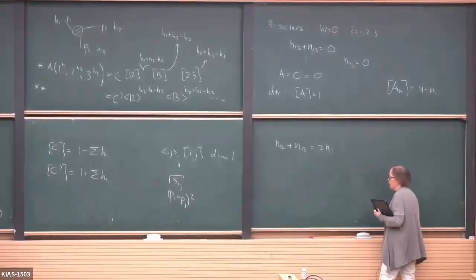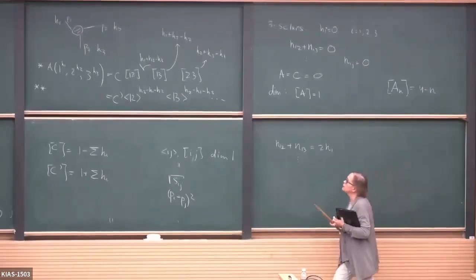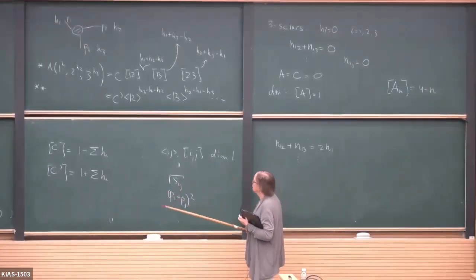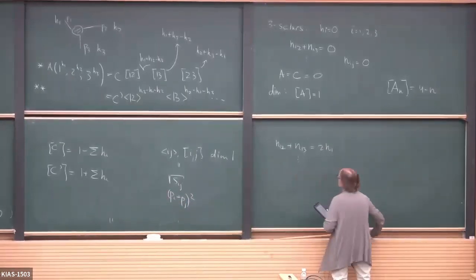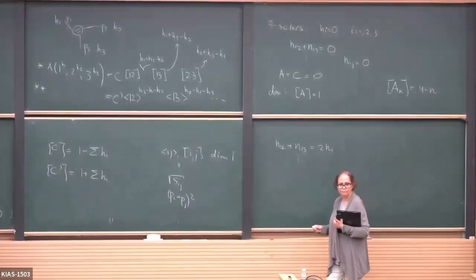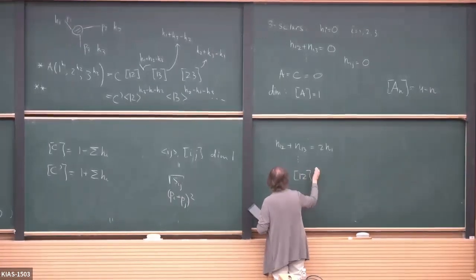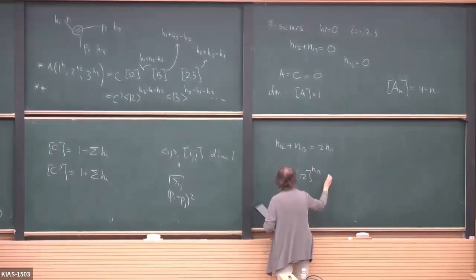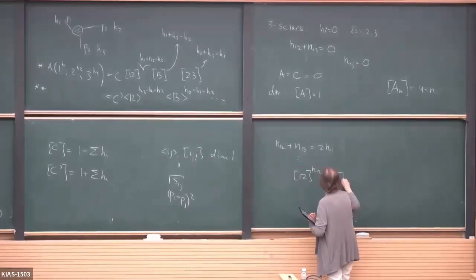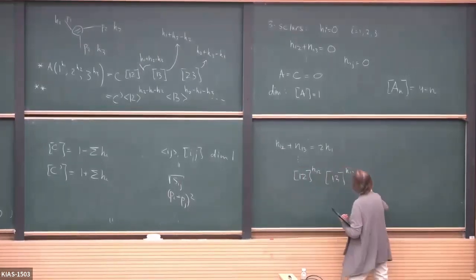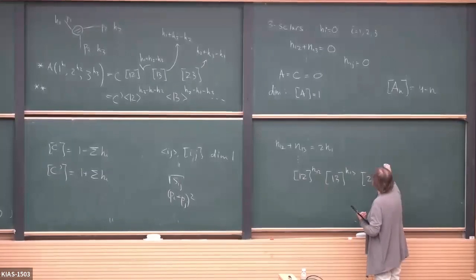Remember, I just wrote down an ansatz, but I erased it already. We had this thing, right? n12, and then 1,3, and 2,3.